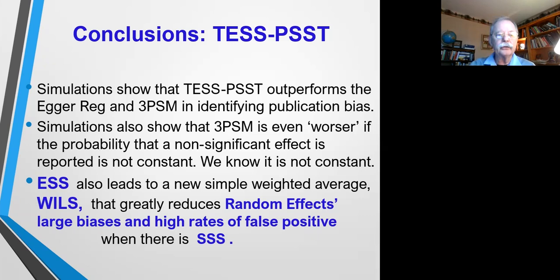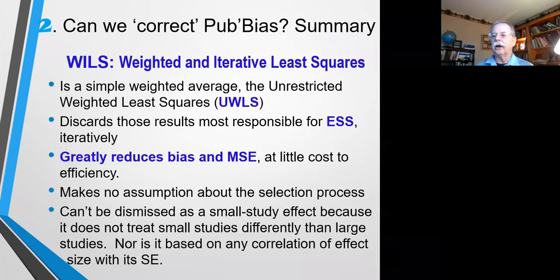As I've already said once or twice, this idea of excess statistical significance is also going to lead to new ways of correcting for publication bias. I call this new weighted average WILS, which is the weighted and iterative least squares. Again, it's a simple weighted average.